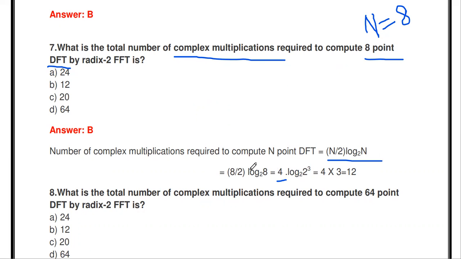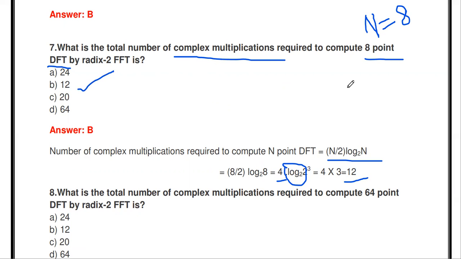We can't calculate this using a calculator, so we have to do it mathematically. We represent 8 as a power of 2: 2 to the power 3. Then log base 2 of that gives 3. So 4 into 3, the answer is 12. So the number of complex multiplications required to perform the 8-point DFT is 12.